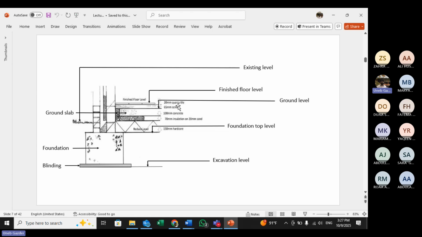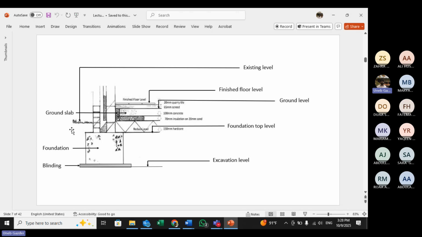Here it is mentioned tiles, but finishing can be anything: tiles, mosaic, marble, or whatever. So you have the excavation level, then the blinding, the weak concrete, the foundation, then the compacted earth up to the required reduced level. Then you have insulation, then the slab, then the screed to protect and maintain temperature, and then the finishing.